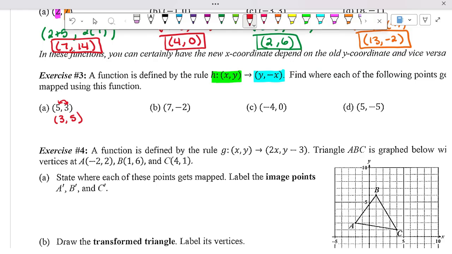So in other words, guys, whatever point you started with, when you finish, it should look like this. So it doesn't matter what order you do it in. You could have made the x negative right off the bat and then flipped it. It doesn't matter. So my final answer would be 3, negative 5.